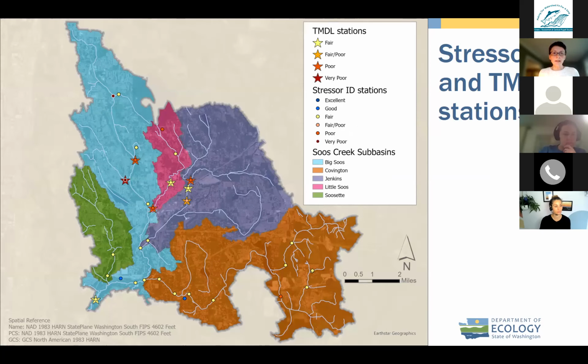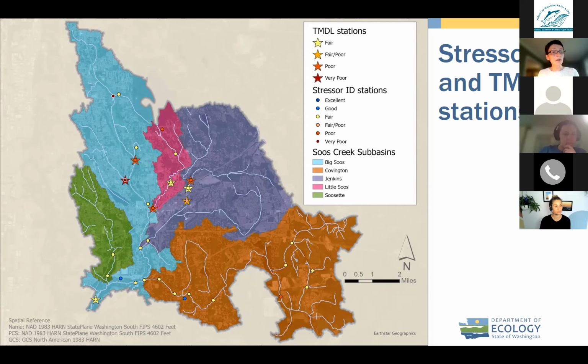The sites that were identified as impaired earlier and became the reason why we started the TMDL are shown here as stars on this map. And then the sites that were added later during the stressor ID analysis are shown as dots. As I mentioned, data from both groups of sites were considered for the stressor ID.